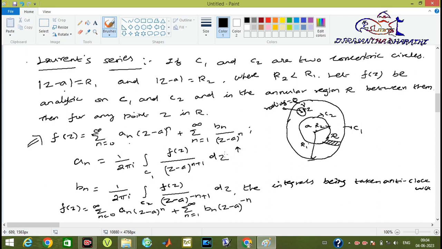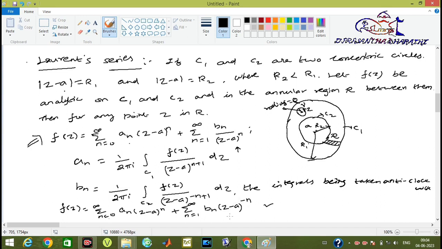Please remember this formula. An is multiplied by z minus a whole power n, and bn is multiplied by z minus a whole power minus n. Since it is multiplied by z minus a whole power plus n, we can take n equal to 0 to infinity, but we have to make this one come to the denominator.